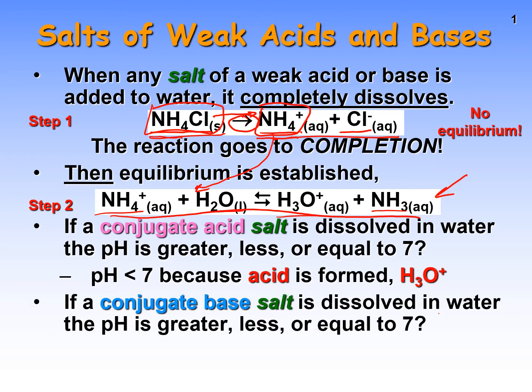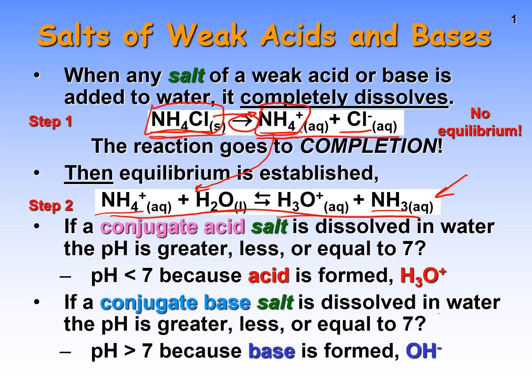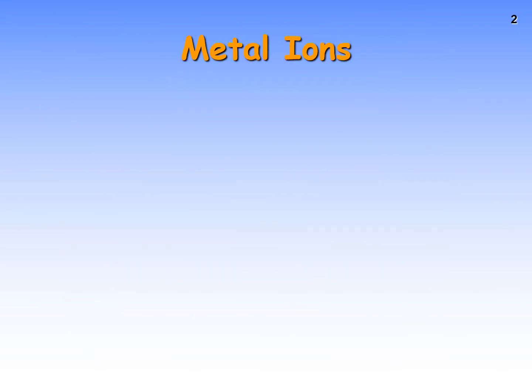Now, if the salt contains a conjugate base or a weak base ion, well, then the pH is going to be greater than 7, and we're going to form OH- in the equilibrium that's established after the ionic dissociation. So how do we tell if a salt has a weak acid or weak base in it? Well, there's some rules to that.